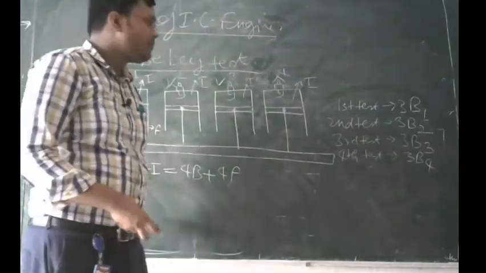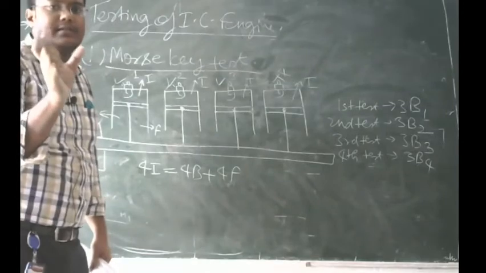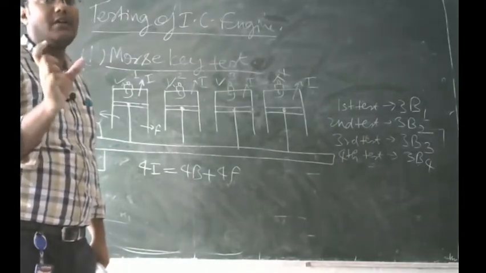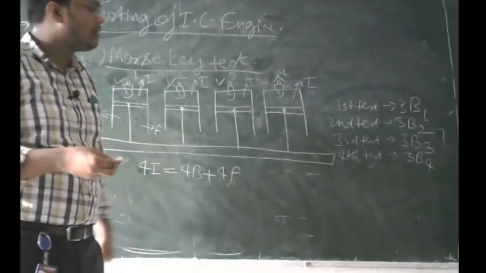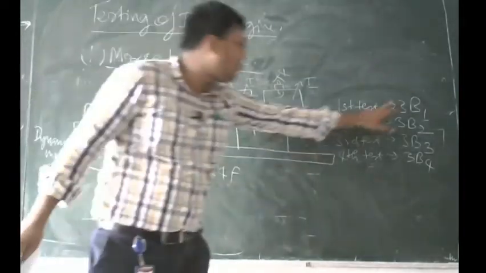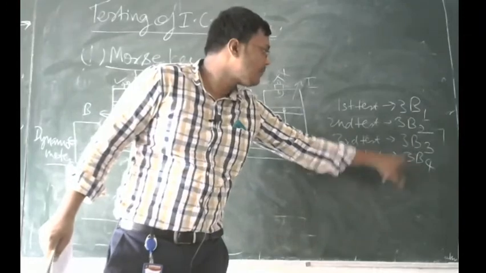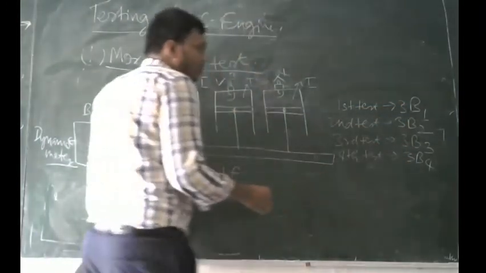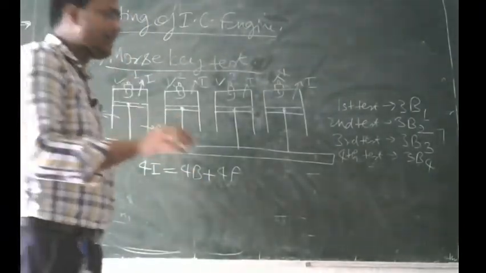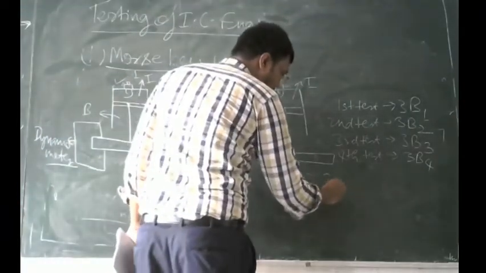Now we will calculate the average power from any three cylinders. Okay, how can we calculate that? We take the average of all four readings. So here we get the average power from only three cylinders, that will be equal to 3B.